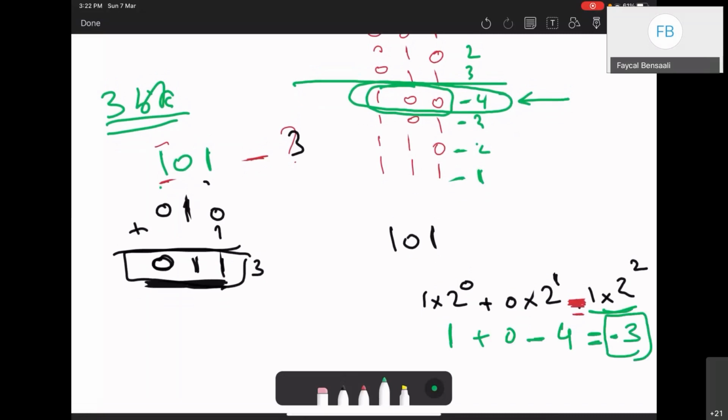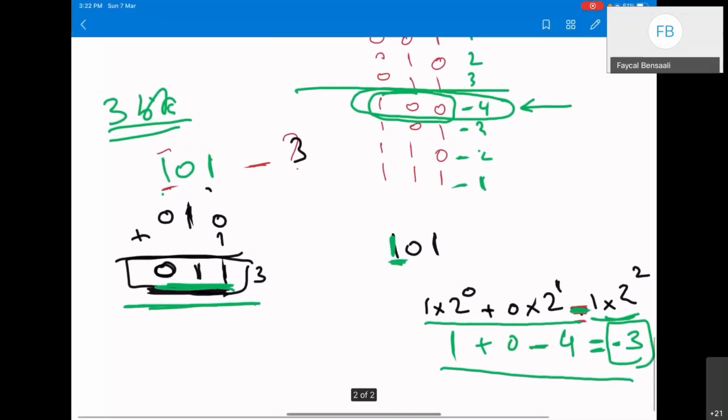So we have 2 ways to find this. You can either do two's complement, and then you will get the positive value, or you just work with this method. For the last bit, because it is the sign bit and indicates that this is negative, I will just use minus here. And that's it. You get the answer.